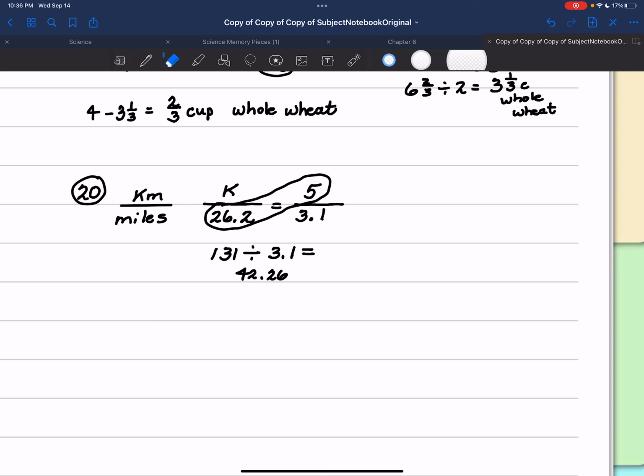Again, that's an approximation, so I need to make a squiggly equals. It's been rounded. And they went ahead and rounded it yet again to 42.3. And that is answer C. There are 42.3 kilometers in a marathon.